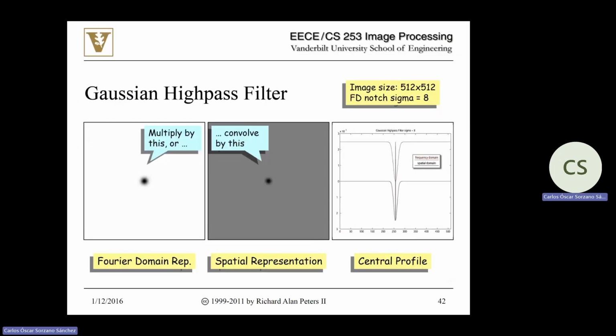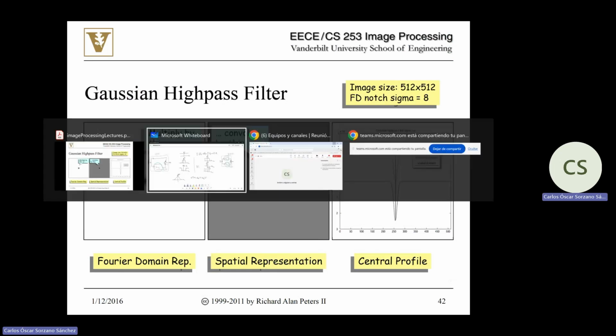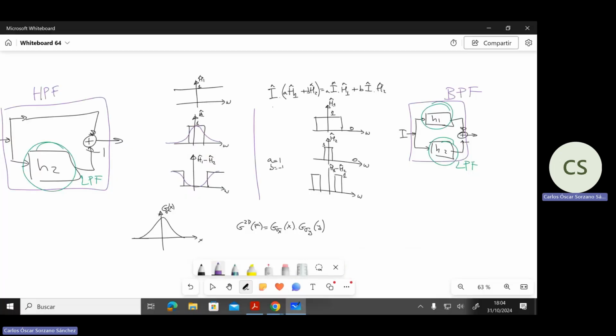That is what we are doing. So 1 minus a Gaussian has this shape. Then this is the impulse response. Actually, that is interesting to see with formulas. So let's see this filter again. This filter is there.